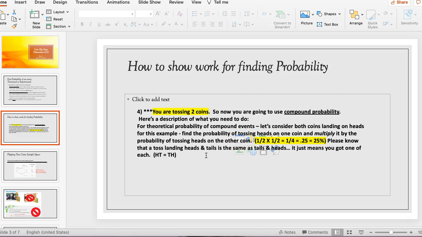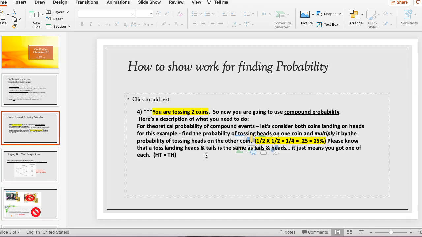Again, notice that the fraction is simplified. Okay? Please know that a toss landing heads and tails is the same as tails and heads, meaning the order doesn't matter, whether you flipped the first coin and landed tails or you flipped the first coin and it landed heads. The order doesn't matter. It just means you got one of each.